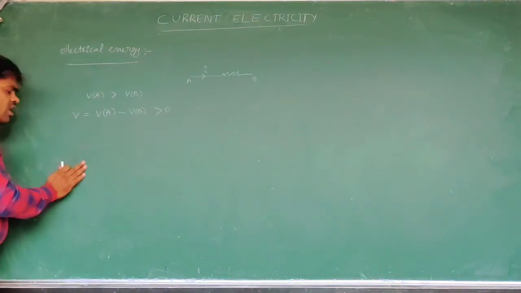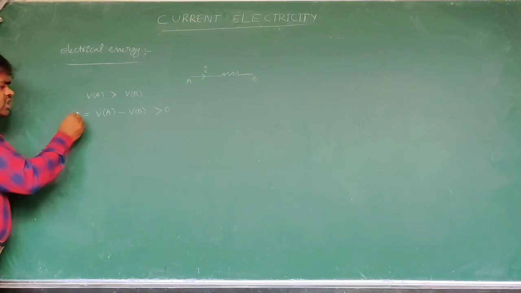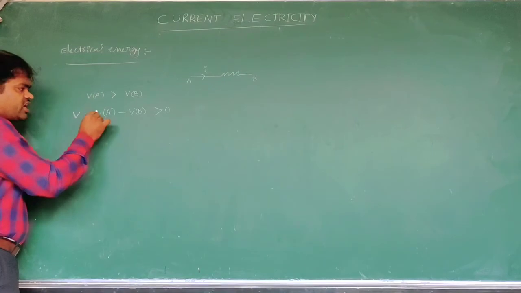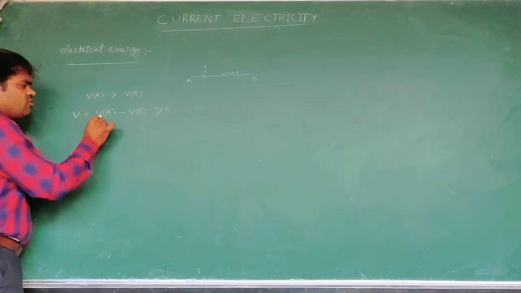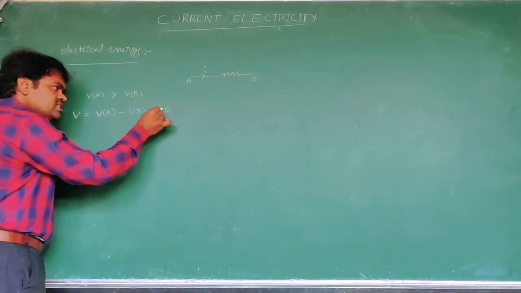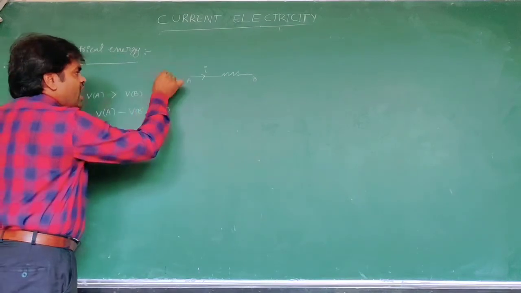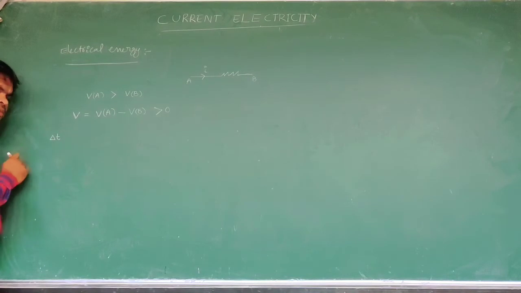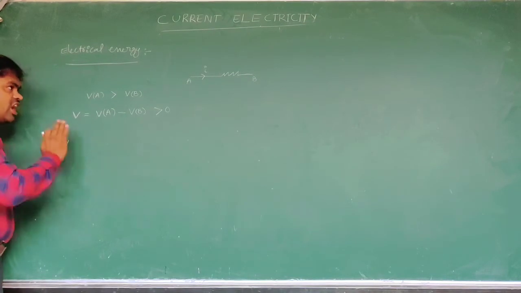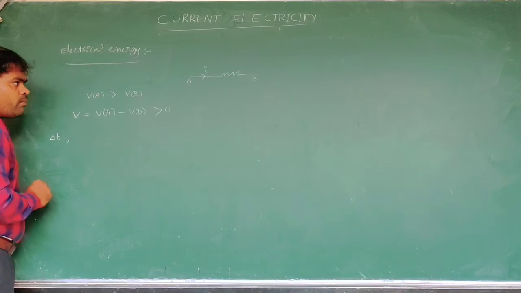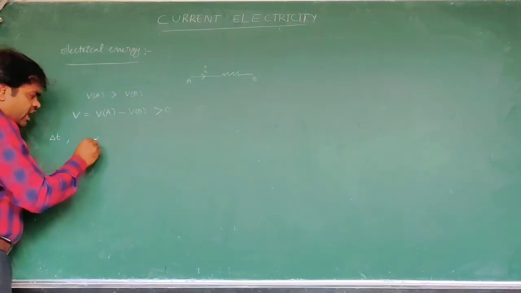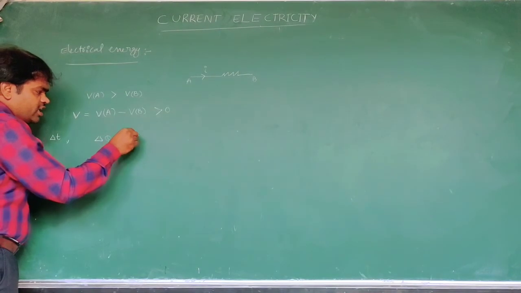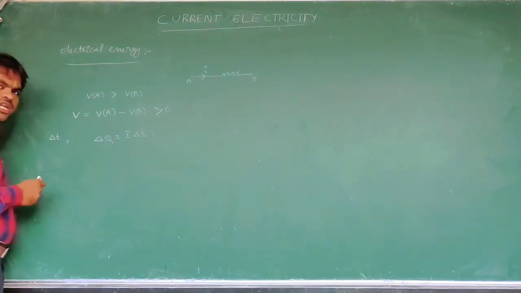The potential difference between the ends of the conductor, V of A minus V of B, is always greater than 0. In a time interval delta t, the charge that flows from A to B is delta Q equals I into delta t.